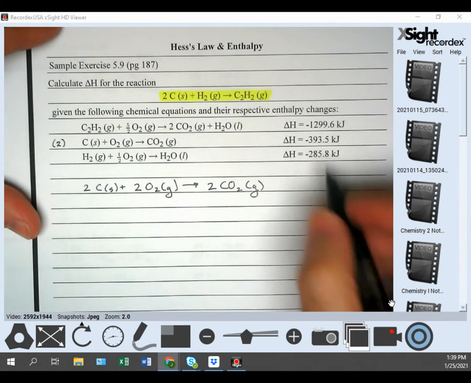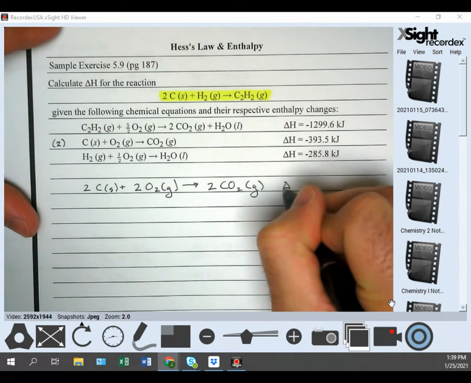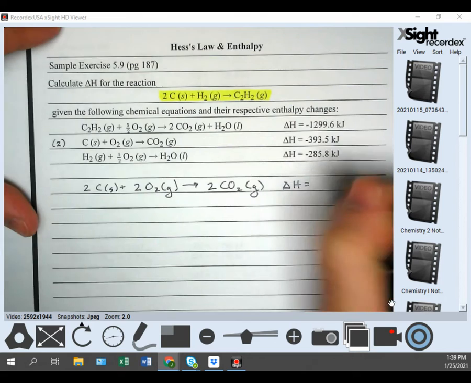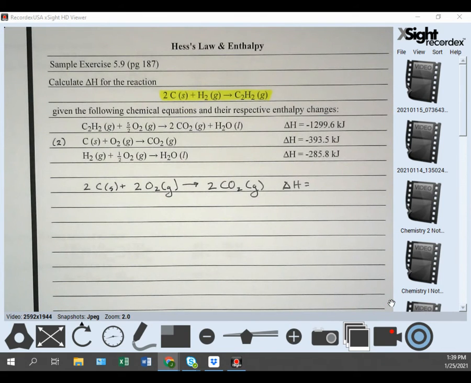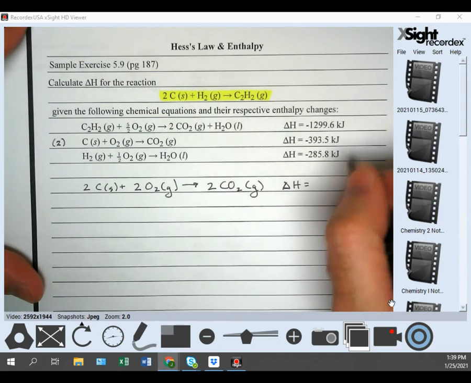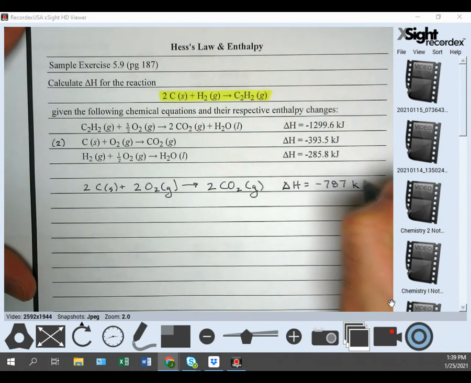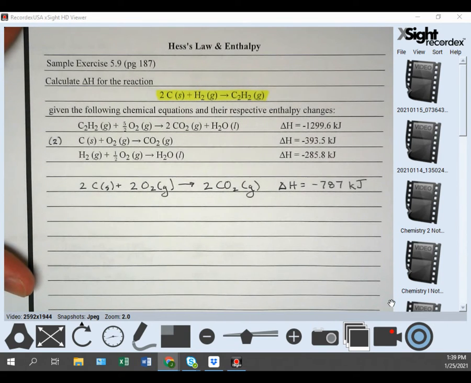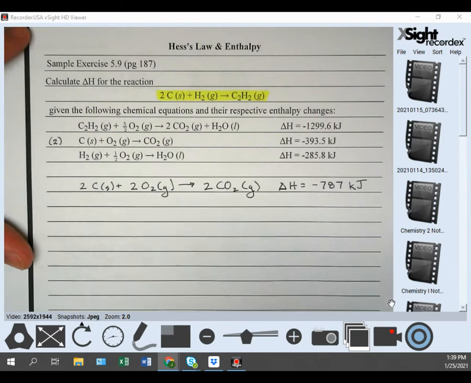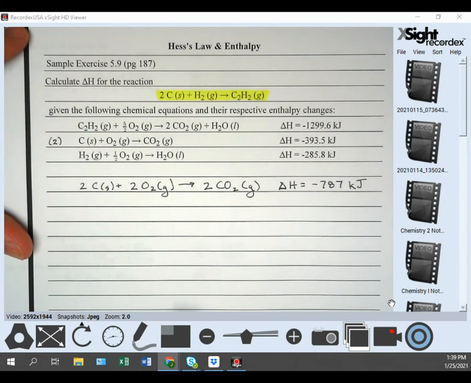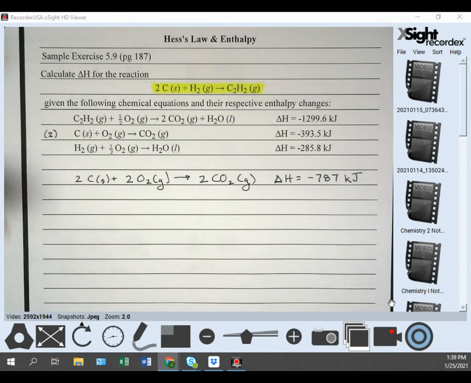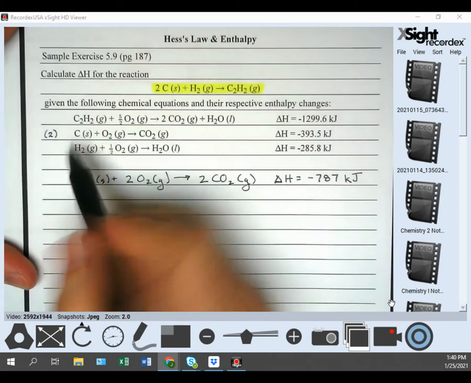And then our delta H, we double that as well, right? So that becomes negative 787 kilojoules. Okay, everybody okay so far? Like, makes sense? Okay. So we've used the middle one.